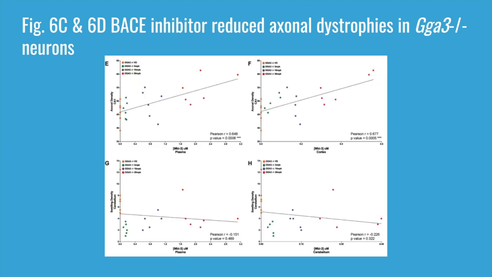And then here is just some statistical analysis of the different experiments. As you can see, with the increase in BACE inhibitor, we see an increase in the axonal density in the CA1 region. And then we also see a reduction in the swelling density dependent on the dose.